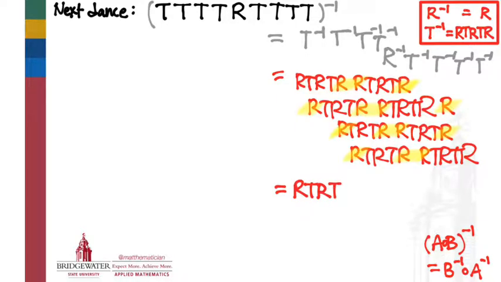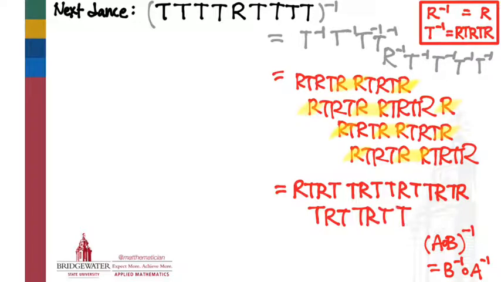So I'm going to have this, and then another TRT, and then another TRT. Oh, there's another pair of R's, but no, there's a T in between them. So TRT, TRT, TRT. I have TRT 3 times, and then 1 R at the very end.